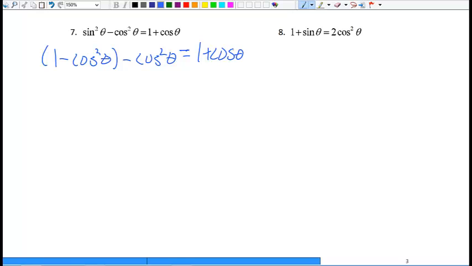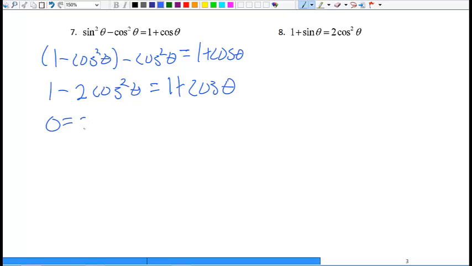Okay. And then this thing is just screaming quadratic format to me. So if I combine like terms, I should see 1 minus 2 cosine squared theta equals 1 plus cosine theta. Okay. And hopefully you notice, hey, the ones cancel each other out. But I do want to bring all the cosines to one side.